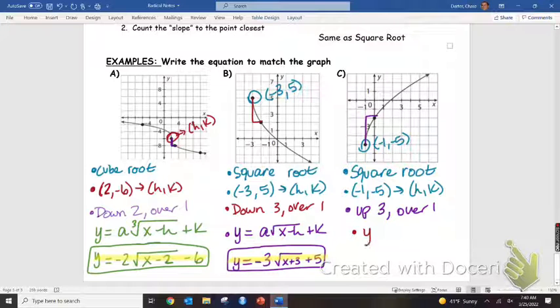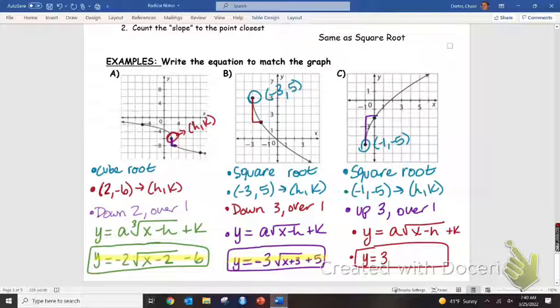So since it's up 3 over 1, that tells me the a value, remember? Since it's square root, I know it's going to follow this form: a times the square root of x minus h, plus k. So my answer here, since I went up 3 over 1, it's positive 3 because we went up.